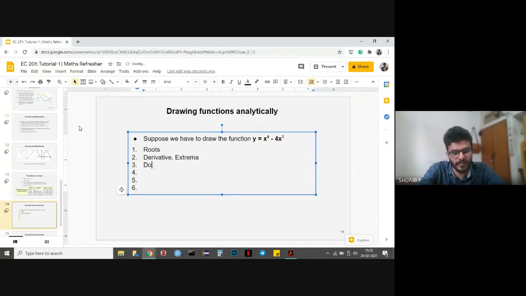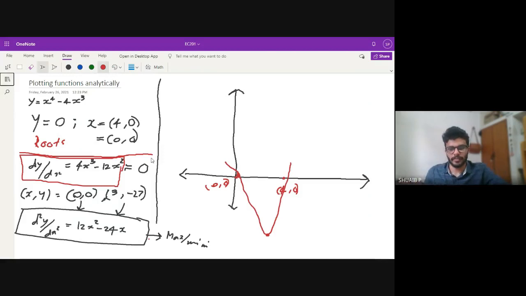So now we can think of the domain and range of this function. The domain we can get from the first instance itself: it's the set of real numbers. And as we come to the minimum point of this function, we can get the range of the function as well.